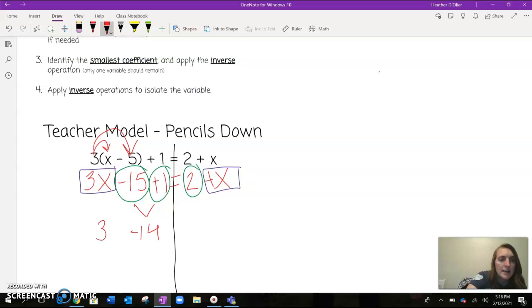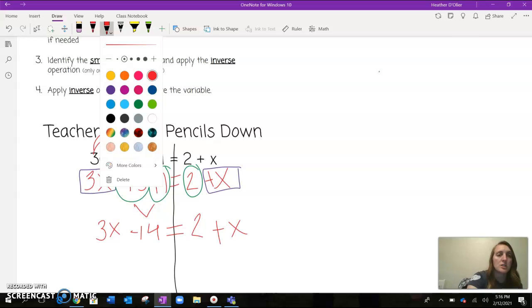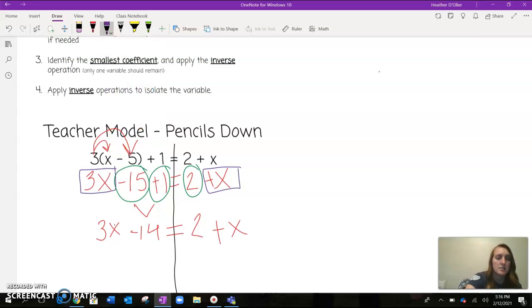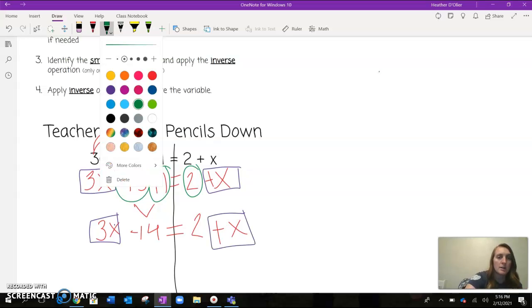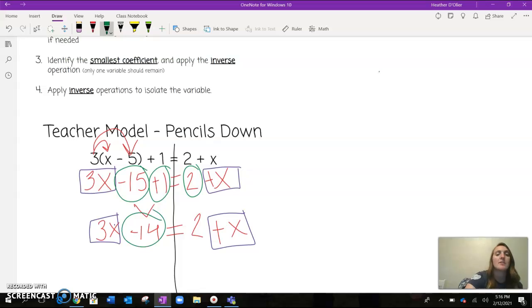Okay, 3x minus 14 equals, nothing happened over here, 2 plus x. So I'm going to go back and box and circle again, so I make sure that I have everything separated. So 3x was boxed, x was boxed, and now negative 14 and positive 2 are circled. Okay, because remember I can only combine like terms.